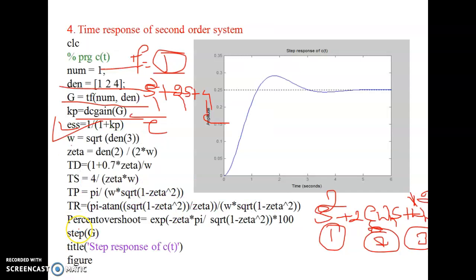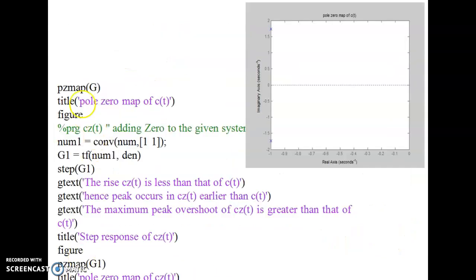That is, if you add poles and zeros for the same second order system, you will get a new response curve. That is the addition of poles. pz means adding the zeros to the given transfer function. Title: pole zero mapping. Then you have to obtain the response after adding zeros to the given transfer function.